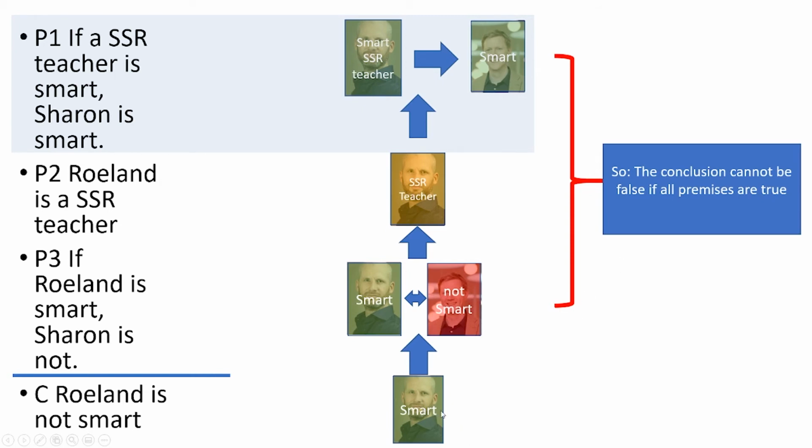Assuming that the conclusion is false leads to a contradiction between premise 1 and premise 3. Which is another way of saying that the only way for all premises to be true is for the conclusion to be true as well.